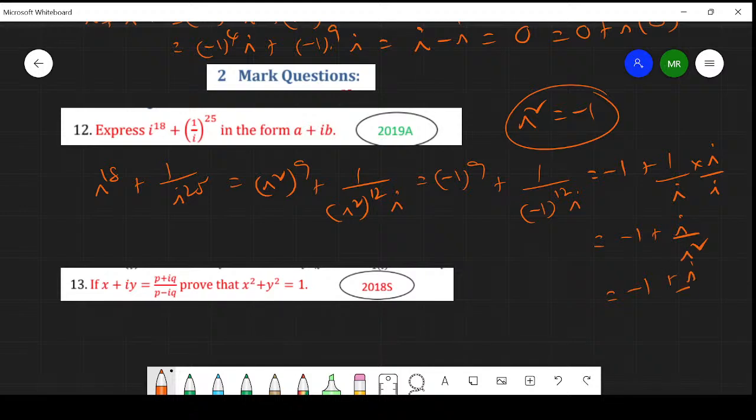You will get I by minus 1. The answer will be minus 1 minus I.